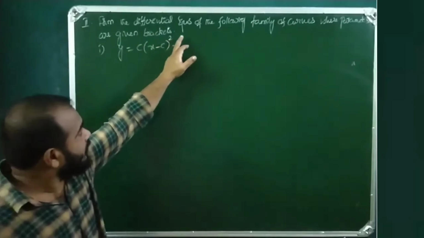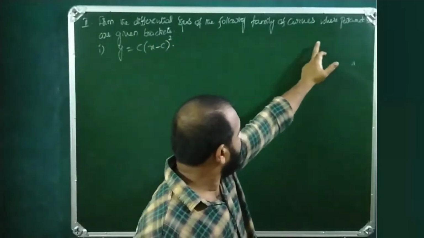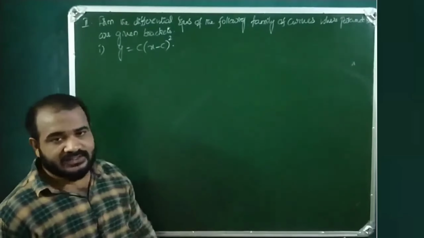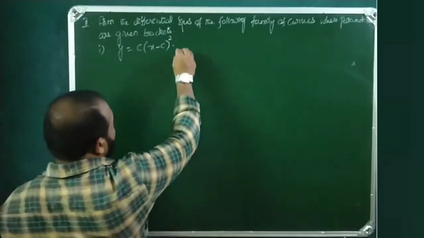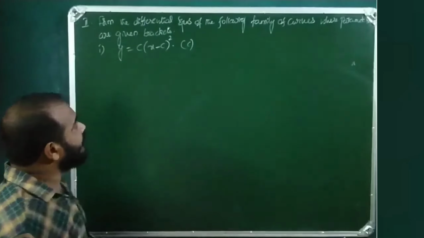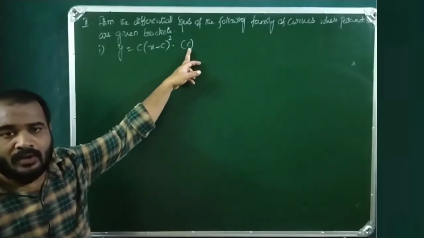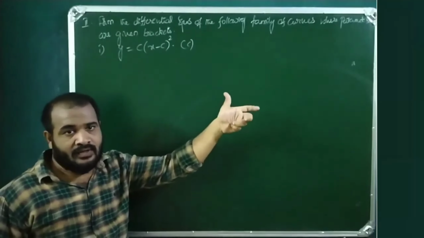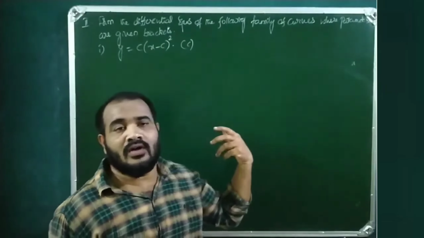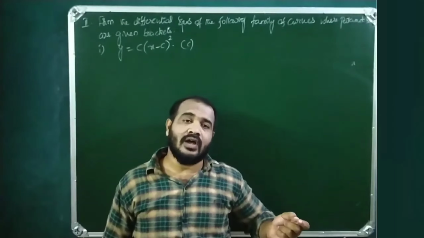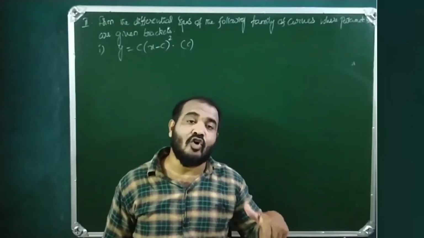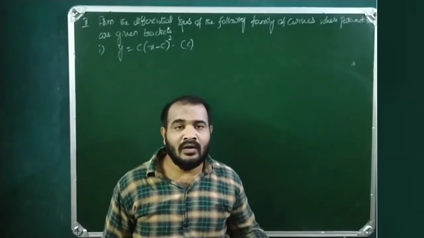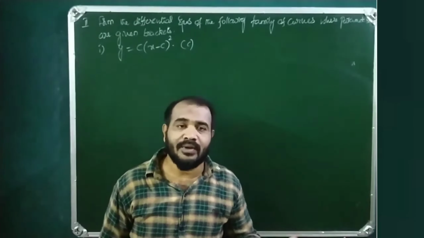Form the differential equations of the following family of curves where parameters are given in brackets. So here c is given. That means c being the only parameter, we need to differentiate it once. In the process of differentiation, if that parameter is not eliminated, then with suitable operations we need to eliminate it.